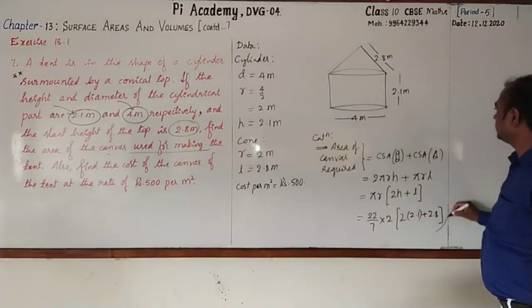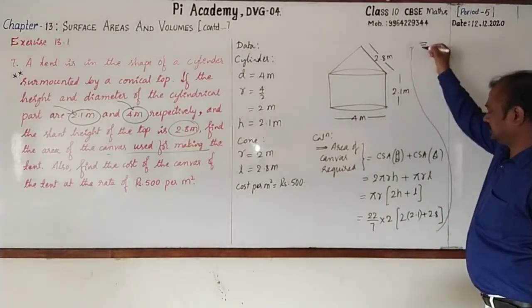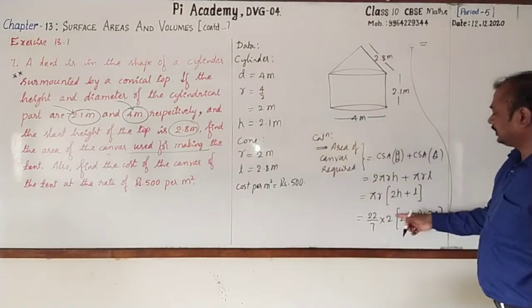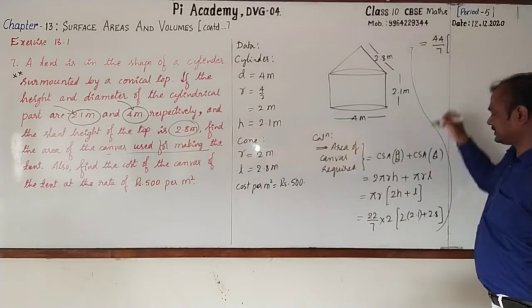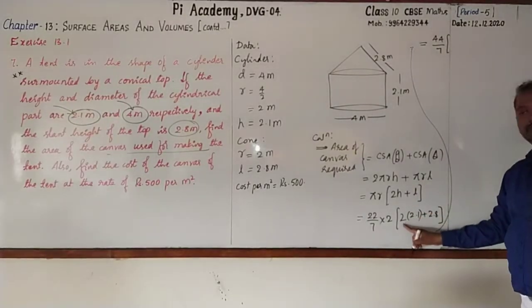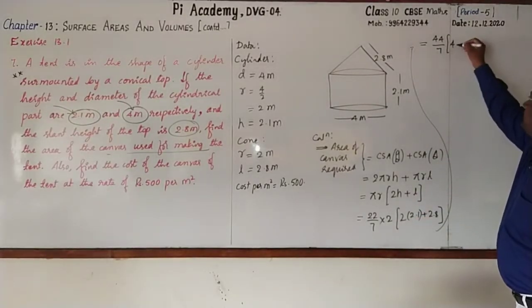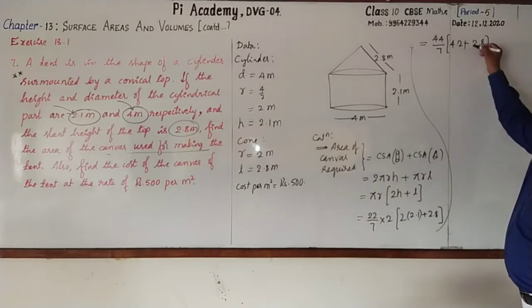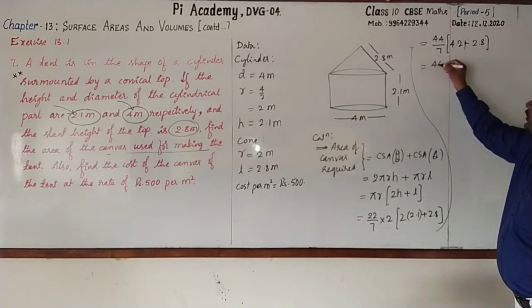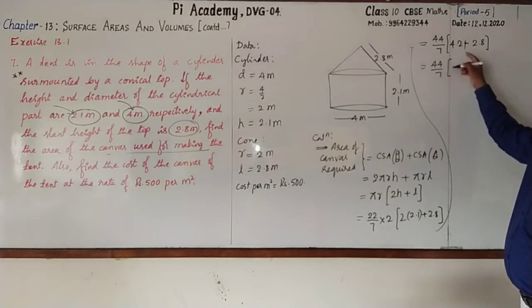Now let me continue that here. This is equal to 22 into 2, this is 44, then by 7 as it is, then 2.1 into 2 is 4.2, plus 2.8. This is equal to 44 by 7 as it is, 4.2 plus 2.8.